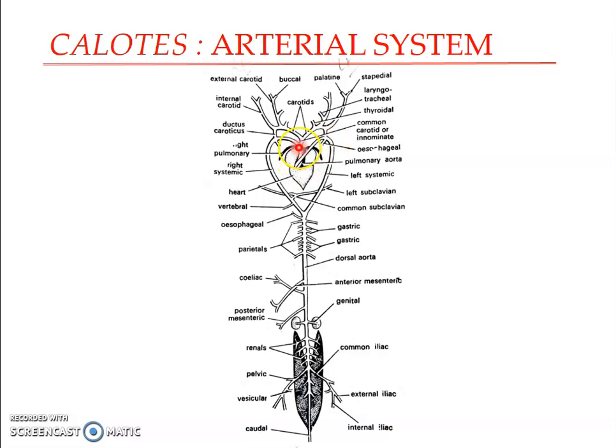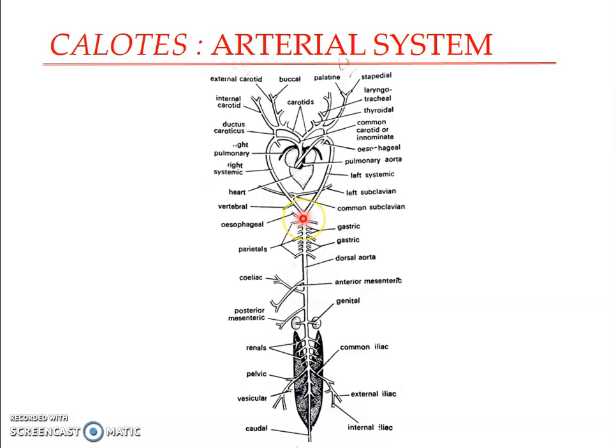And the right systemic trunk, as soon as it emerges out from the pleural cavity, gives off a branch which is known as a common carotid. The common carotid further divides into right and left carotids. At the same time, the right systemic curves backward, and on its way it gives off the esophageal, then the common subclavian artery, the vertebral artery, and posterior to the heart, the two systemic trunks join together to form the dorsal aorta.